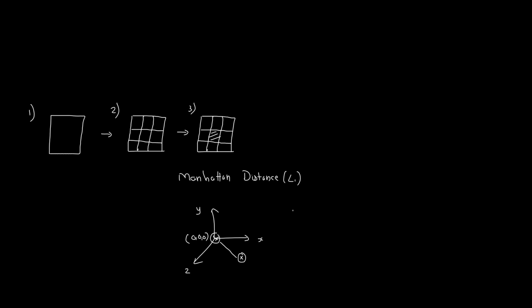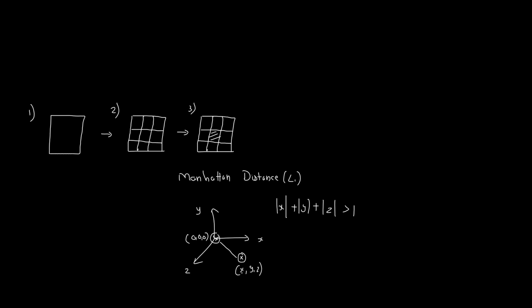Based on this Manhattan distance, we find out whether this cube is the middle one or is outside of the middle one. The condition is very simple: the absolute value of x plus the absolute value of y plus the absolute value of z is greater than or equal to 1.